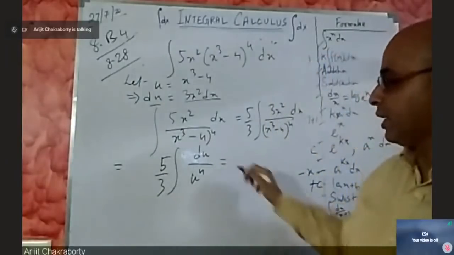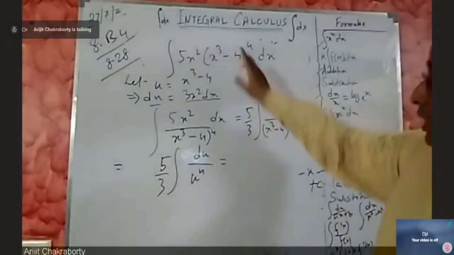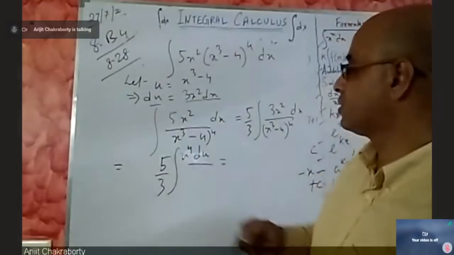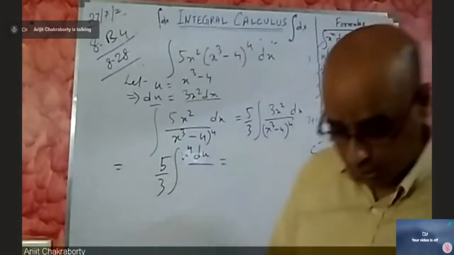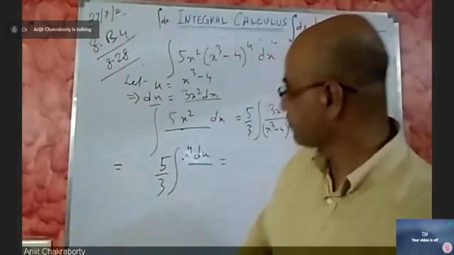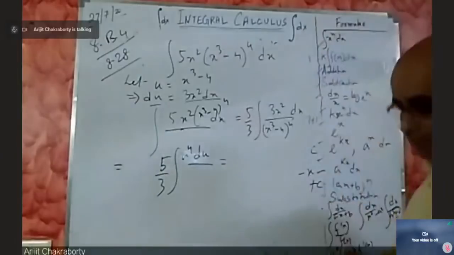Sorry, this is multiplying, so u to the power 4 will be in the numerator. So x cube minus 4 to the power 4 is the numerator, right?